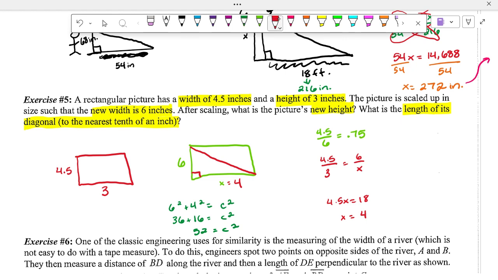If I square root it and round it to 1/10 of an inch, what should I get? 7.2 inches. So 7.2 inches is the length of my diagonal.